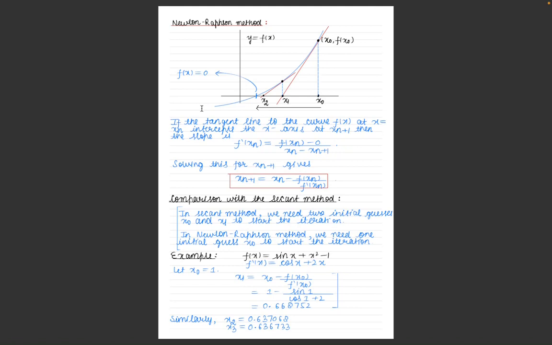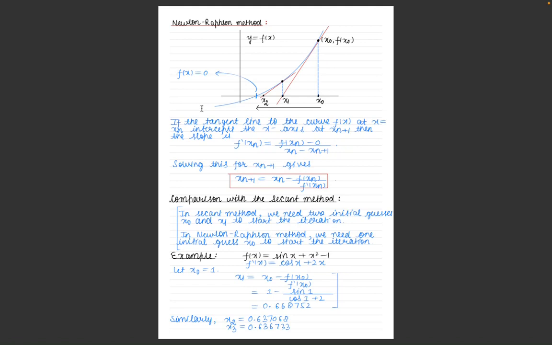As we have discussed the idea, so what is the idea? Again, the Newton-Raphson method is used to find an approximation to the root of a given function.